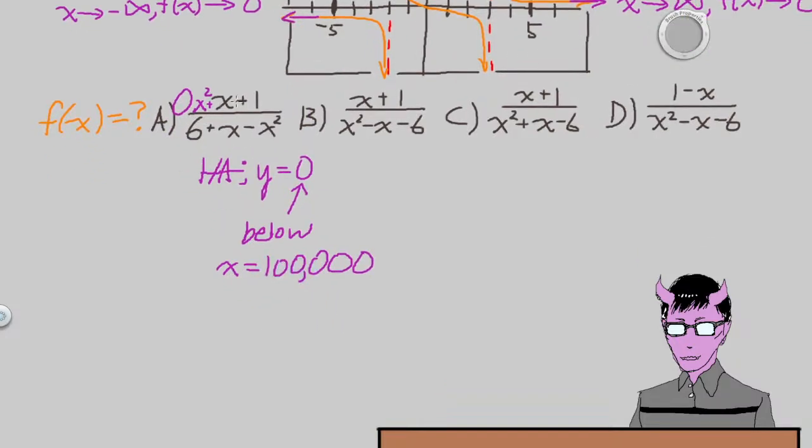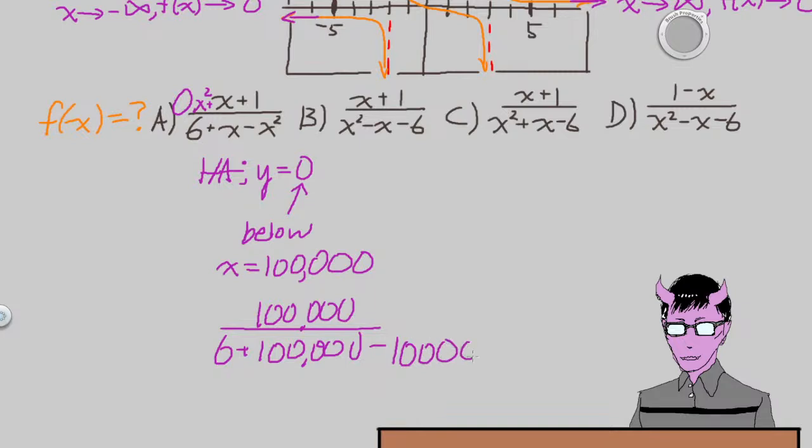So we're going to get 1,000 plus 1, I mean 100,000, over 6 plus 100,000, minus 100,000 squared. So that's a bunch of zeros. So that's going to be 10 zeros. So 1, 2, 3, 4, 5, 6, 7, 8, 9, 10.